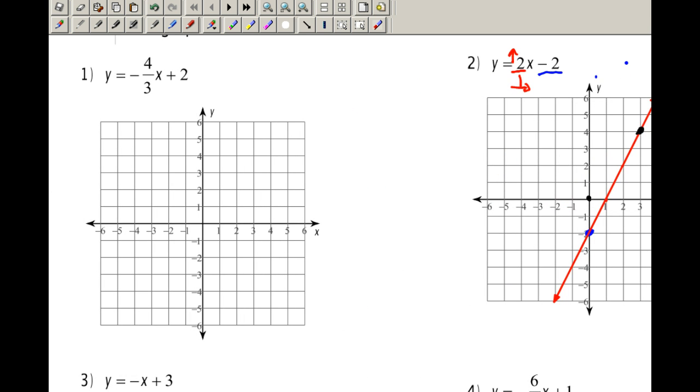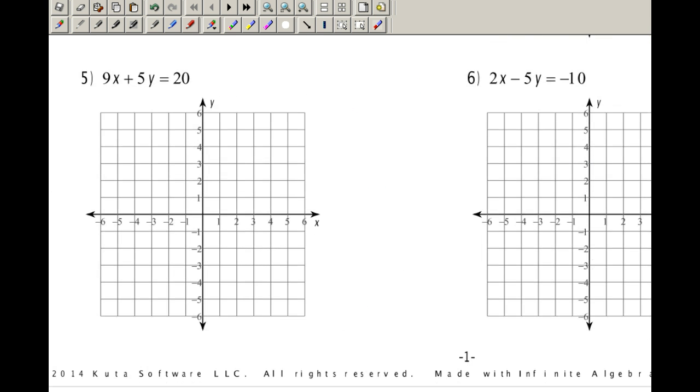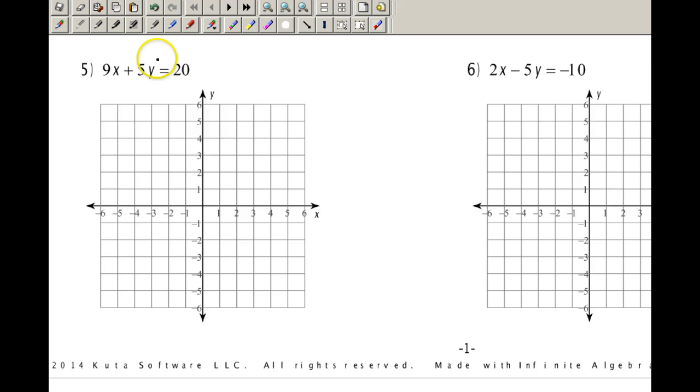And then when we go down, let's go down to 5, that we have an equation that is not in slope-intercept form, right? So recall that we need to get y by itself. We got to get rid of 9x and then divide by 5. So positive 9x, so subtract 9x.